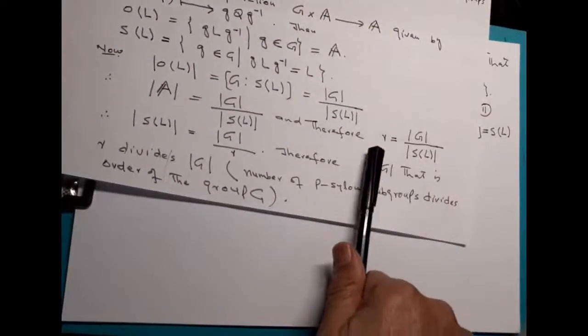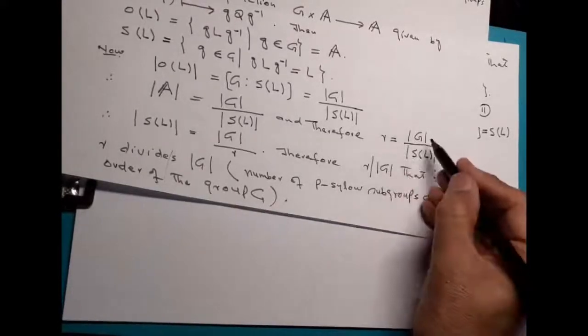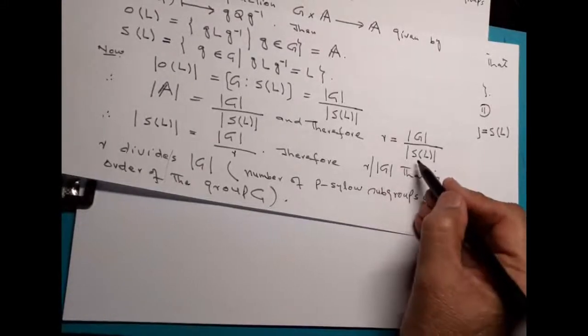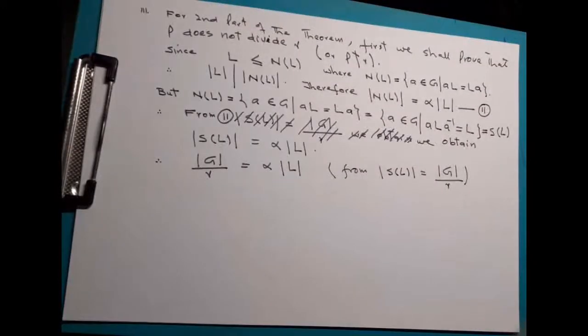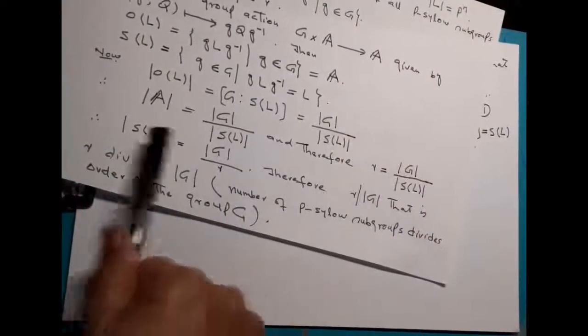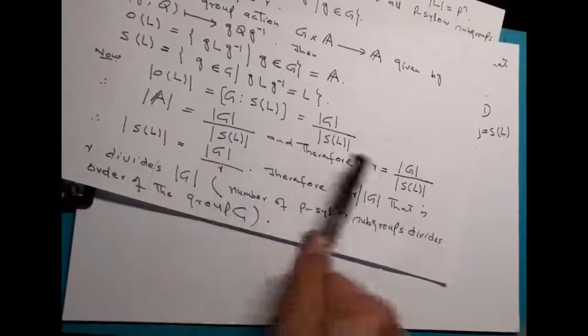Let me show you that. This is what we have proved: R is equal to the number of elements in GL divided by the number of elements in SL. We have used this result here, and then we took SL to the left hand side and R in the denominator.